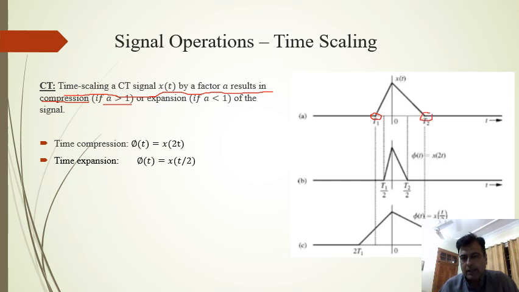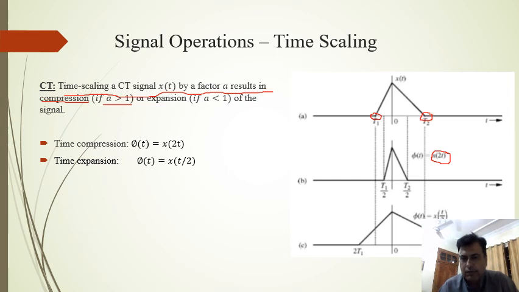Its non-zero values are in this interval from T1 to T2. So now if I obtain x of 2t, x of 2t means we have selected a as 2. Since a is greater than 1, this signal will be compressed.